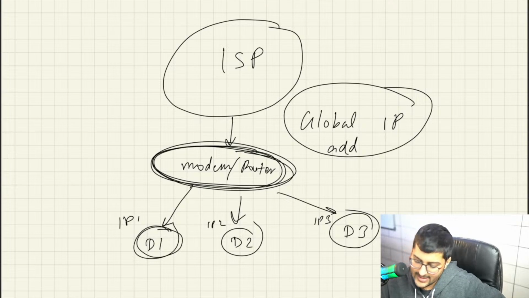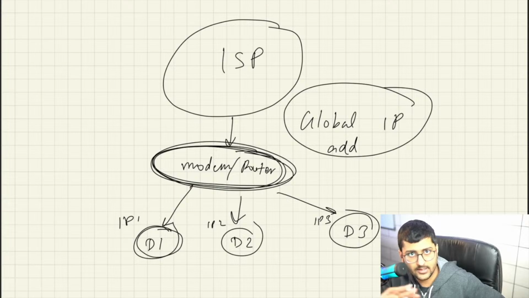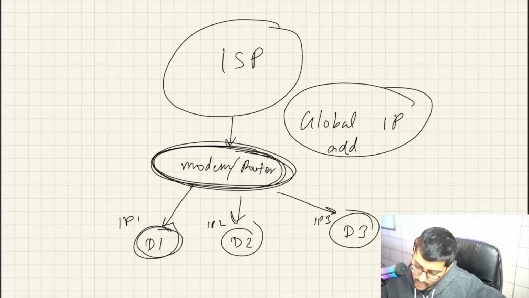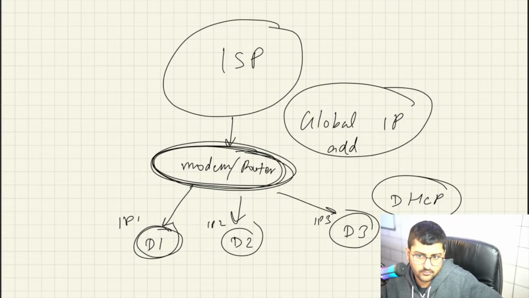How does it do it? DHCP, Dynamic Host Configuration Protocol. This is also a set of rules and regulations. I will talk about DHCP later in this course. Right now I'm just setting the stage. We'll cover it in detail. So the modem assigns these IP addresses using the DHCP protocol. That's basically about it.